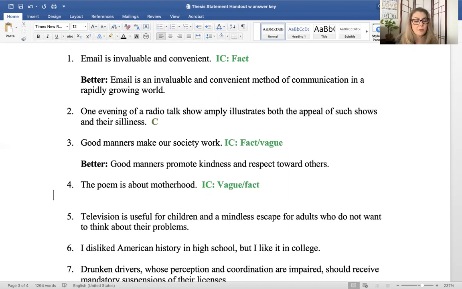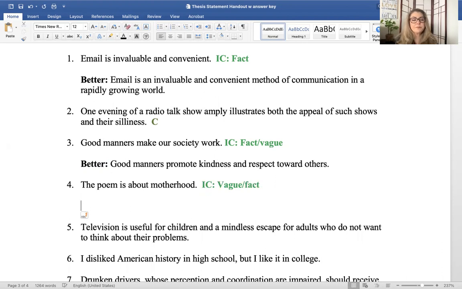So let's try to make this a little bit better. And then let's start by just stating the title of the poem somewhere in this thesis statement. So I'm going to go with something that could be analyzed.